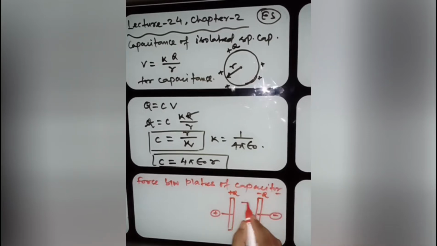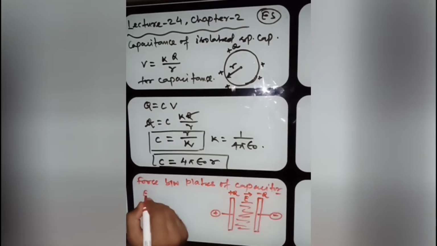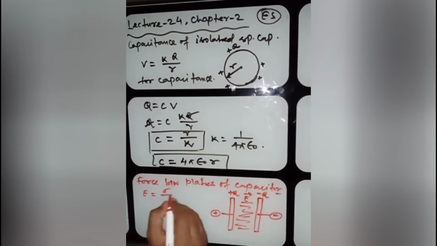We know that an electric field will be established in the space between the plates of the capacitor, and this electric field is nothing but E. Do you remember the formula of the electric field? In between the plates, E was sigma by epsilon naught.